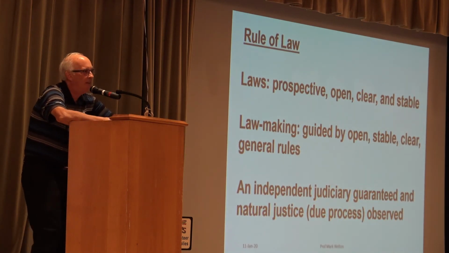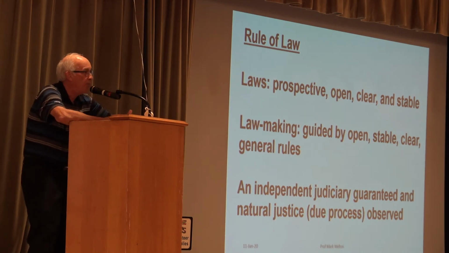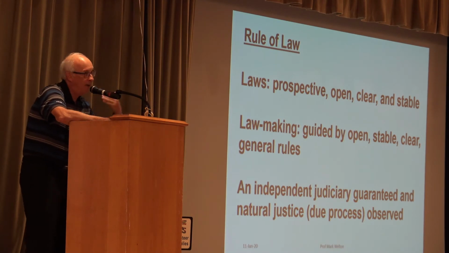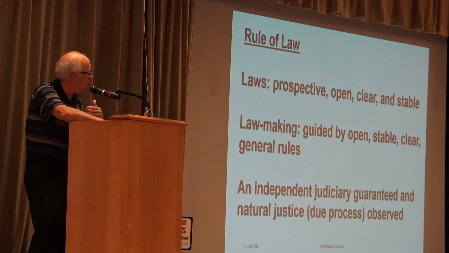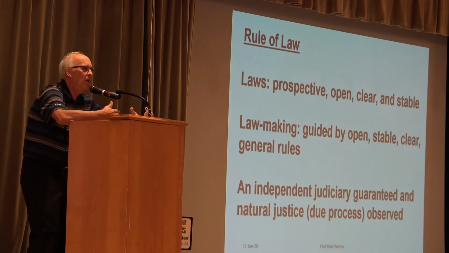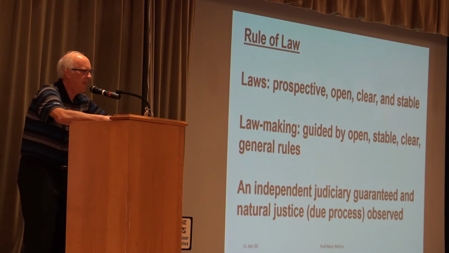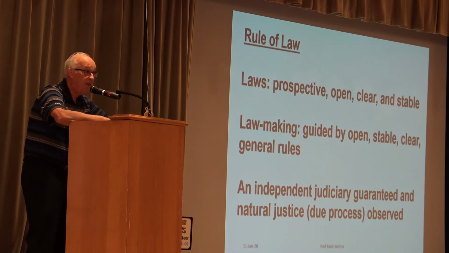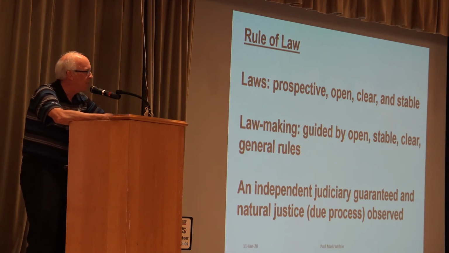These are 2 slides. There are a lot of definitions of this, but we want laws that are prospective. They're not retroactive. They don't punish us for things that were not illegal when we did them. Open, clear, and stable. When an administration comes into office, and its sole purpose is to undo everything the previous administration did, you do not have stable laws.